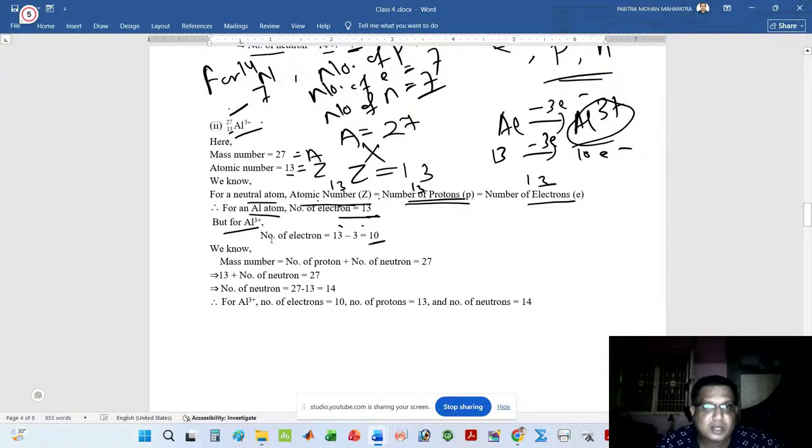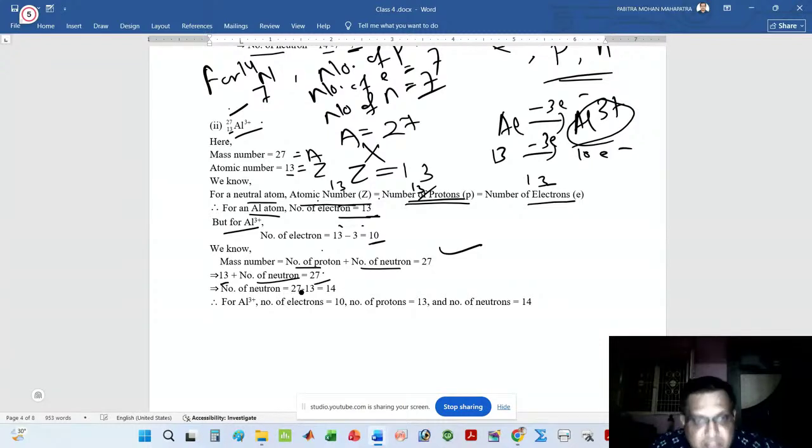Now move to the mass number. Mass number is equal to number of protons plus number of neutrons, which is equal to 27. Number of protons is 13, so put the value: 13 plus number of neutrons is equal to 27.